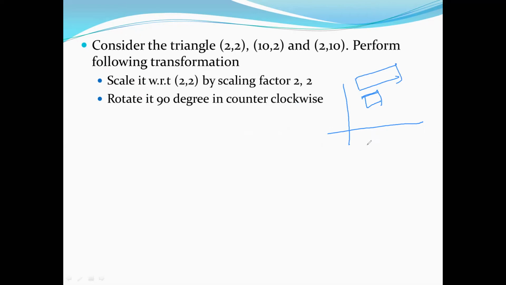But if you want to perform the scaling with respect to some fixed point, it will not be like that. Suppose your object is this one, and you want to scale it with respect to this point. This point will remain fixed and will not change its position, and the remaining points will change their positions.